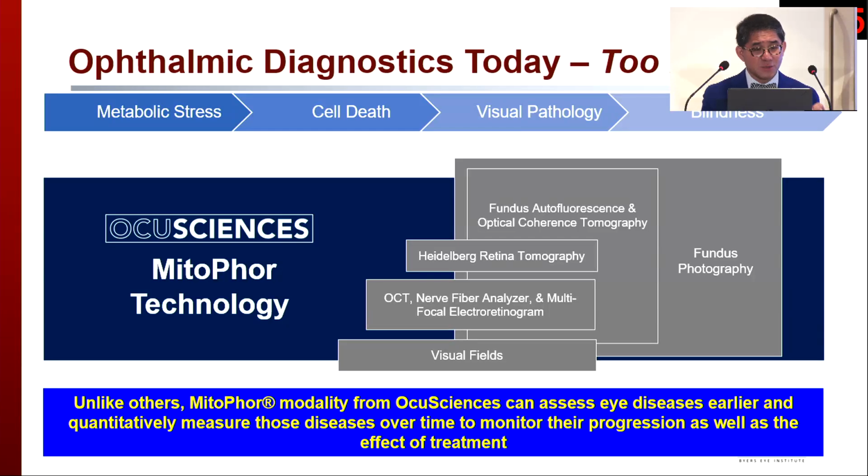So here is where this new device and new technology come in, to look at mitochondrial function as a way of looking at the metabolism. The so-called mito4 modality from this instrument can help to assess eye disease earlier. This is the key fact: earlier, and quantitatively measuring those diseases over time to monitor the progression. That's what we want, because right now we're more on the right. We want to bring all of us closer to the left-hand side so we can detect the disease earlier.